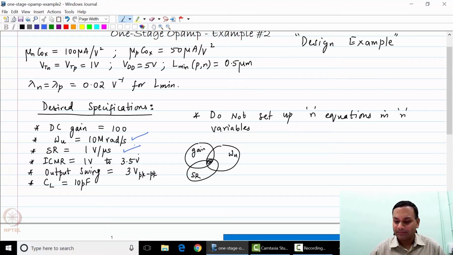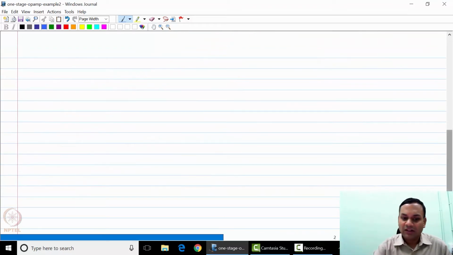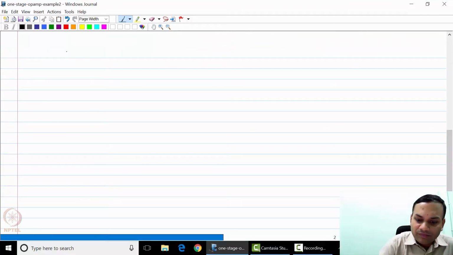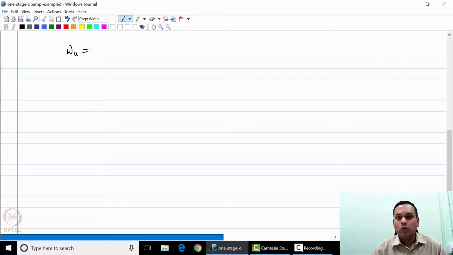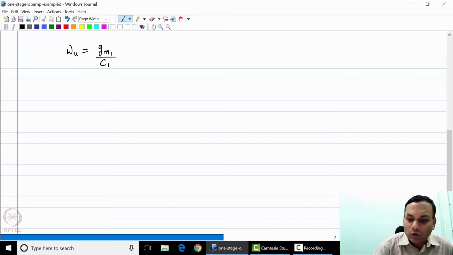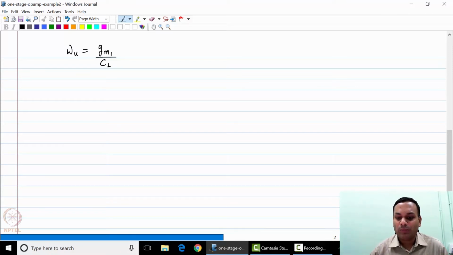So let us start from there. Omega u is nothing but GM1 over CL, where GM1 stands for the transconductance of the input pair. So this should be equal to 10 megaradians per second.